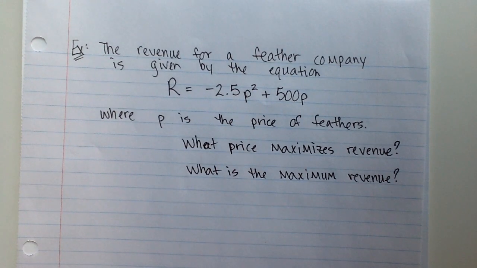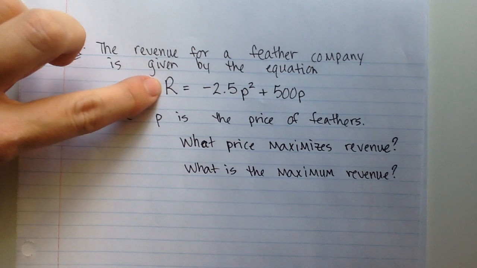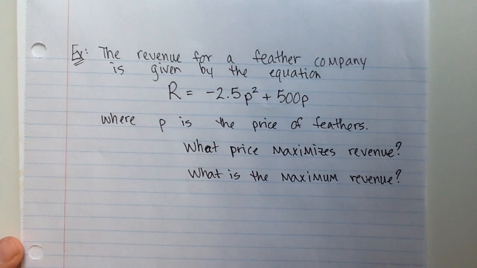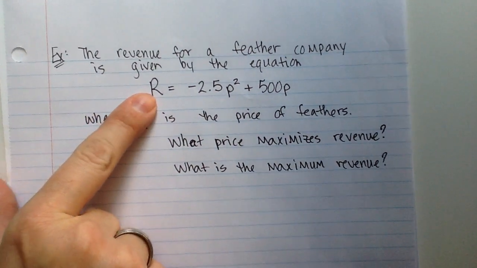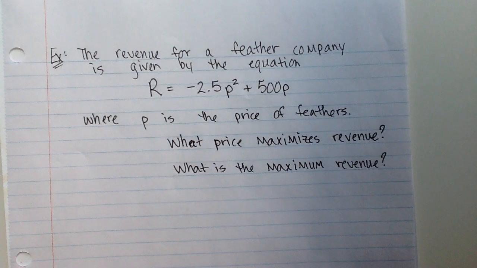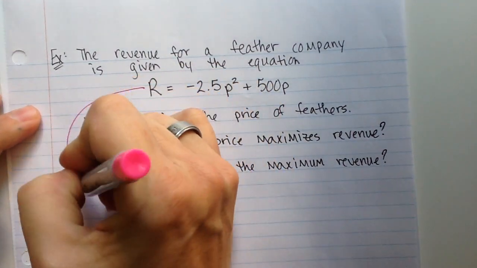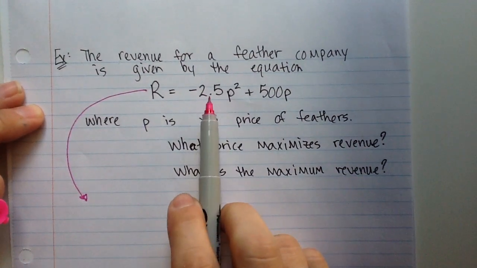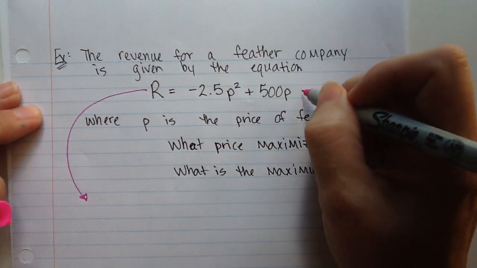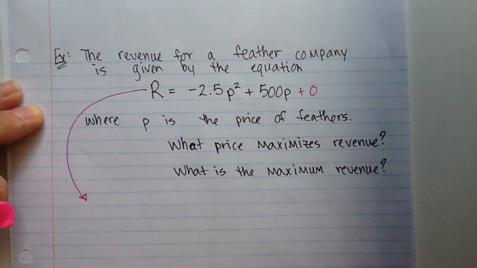Now, when you first look at this problem, you might think, oh my gosh, I have no idea how to solve this. So what we're going to do is look at the equation and think about what shape that's going to make. This particular function is a quadratic equation, and it's in standard form, it just has plus 0 at the end.